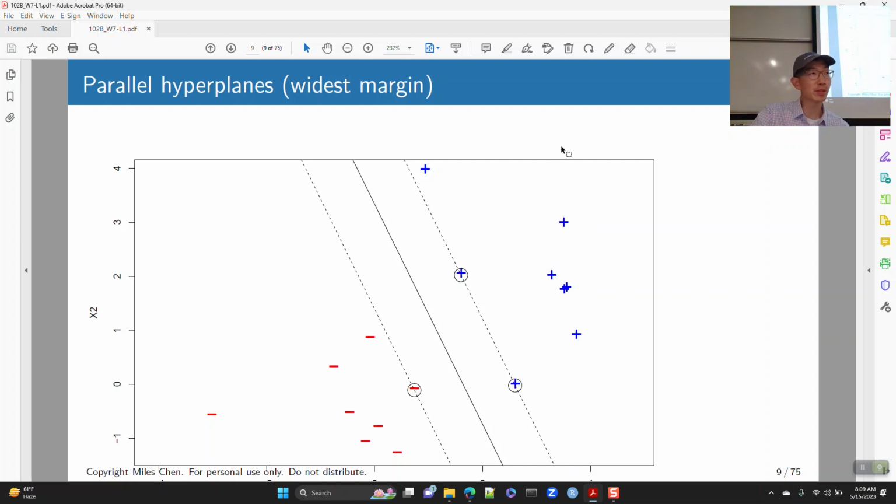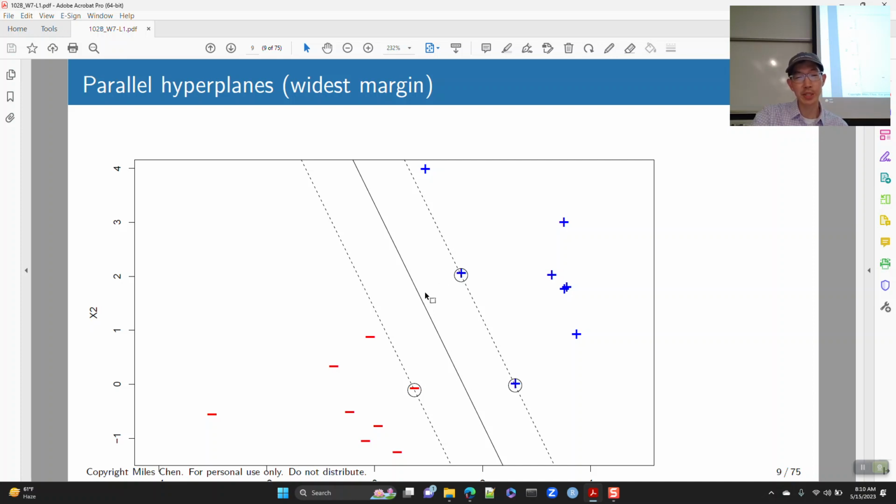I could add more points. I could remove points. I can add or remove any blue points on this side, and any red points on this side, and our margin will be unaffected. Our margin, this boundary, doesn't care where any of these points are, as long as we don't get any points inside the margin, as long as these 3 points remain the closest points to the boundary.